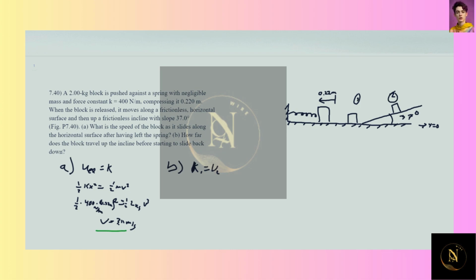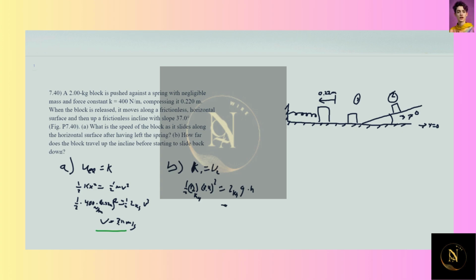Then we write what these are. We have 1/2 times 2 kg times 3.11 meters per second squared is equal to our mass times gravity, g, times the height.